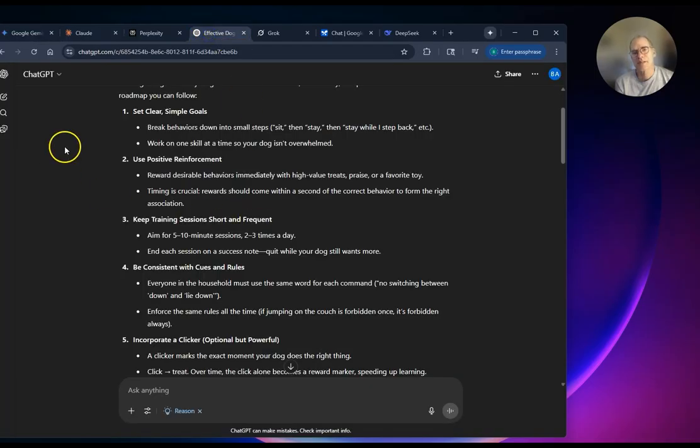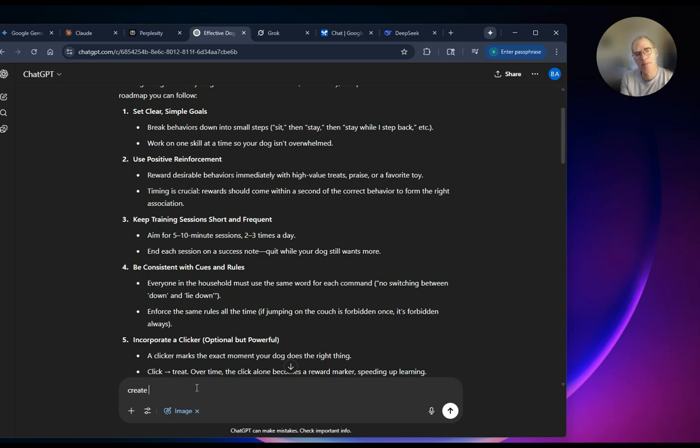You could go to ChatGPT and say, let's get a new, instead of reasoning, I'm going to pick a tool, create an image. And this kind of goes to how you ask a prompt.